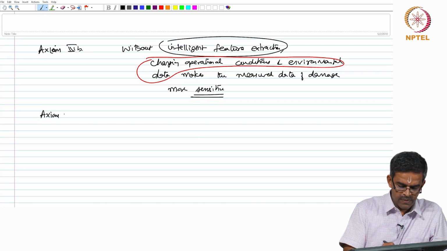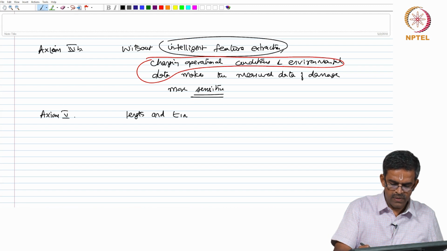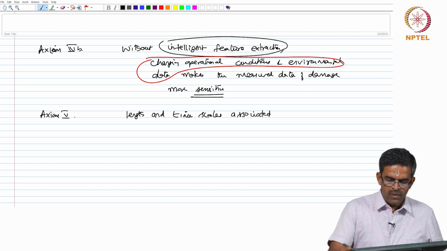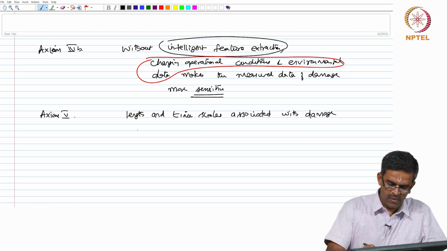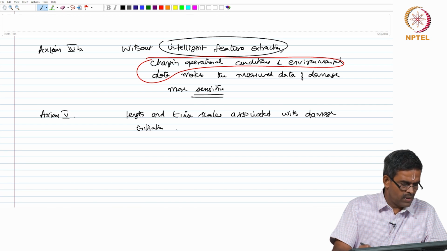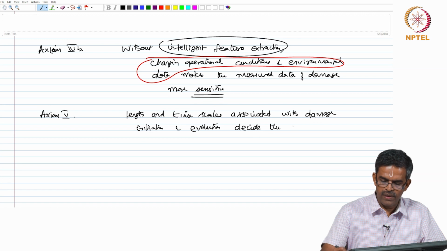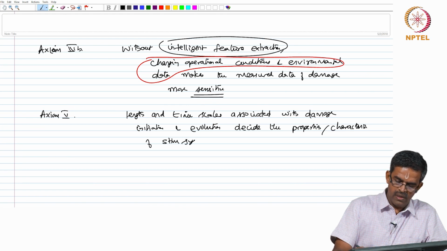Axiom 5: the length and time scales associated with damage initiation and evolution decide the properties and characteristics of the health monitoring system.